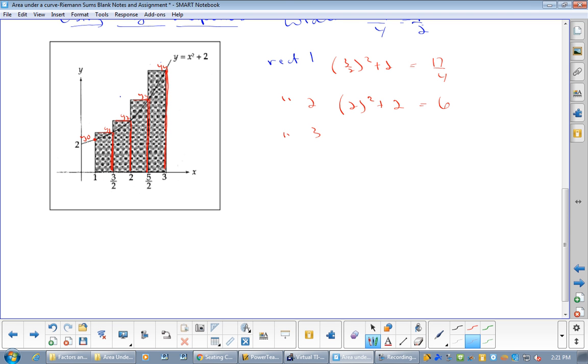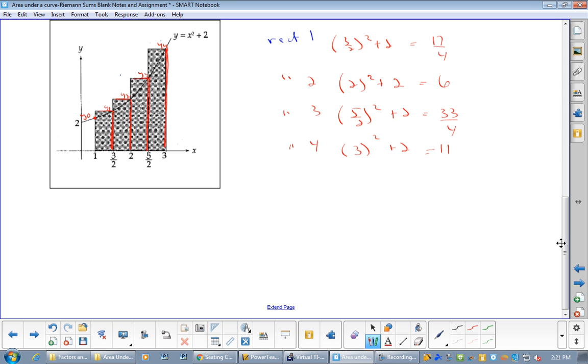For rectangle 3, I'm going to do 5 over 2 squared plus 2 equals 33 over 4. And for rectangle 4, I'm going to use 3 squared plus 2 equals 11.